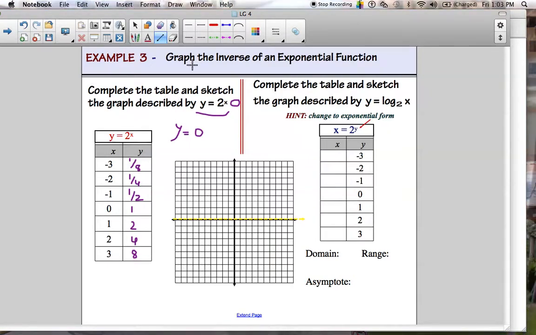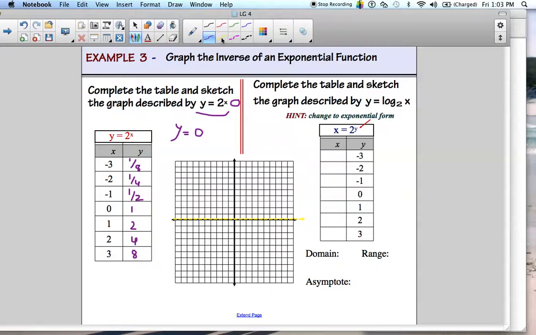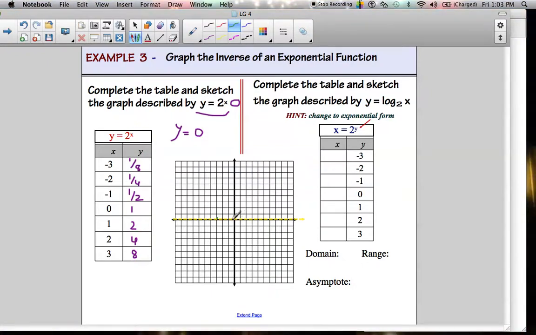Now, if we want to plot these points right here, we can just plot them. So let's use green now. If we go over negative 3 and we go up 1/8, we go over negative 2, we go up 1/4, then we go up 1/2, then we go up to 1, and then 1 is 2, and 2 is 4, and it's up to 8.